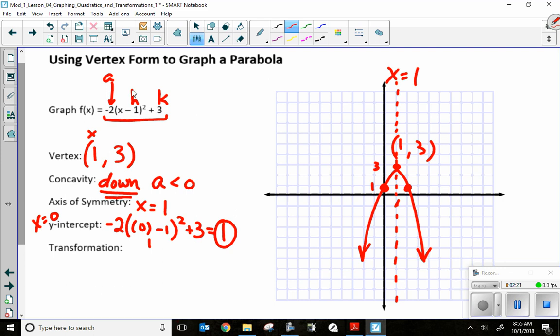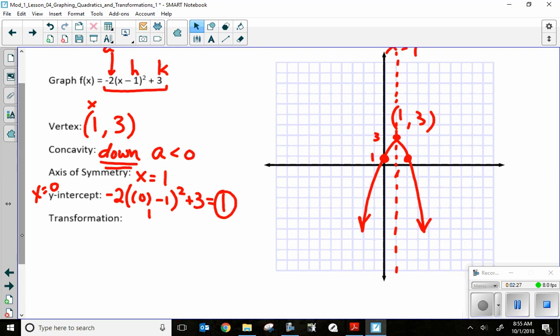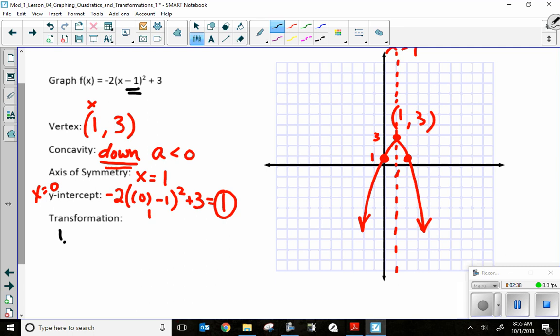The last thing I'm going to do is our transformations. This was old school, something we were doing before you even realized that this is the vertex form. We would get a parabola like this and take a look at its movements. First, we do any left or right movements. That tells me I'm moving right 1 spot. Next, I need to do any multiplication.